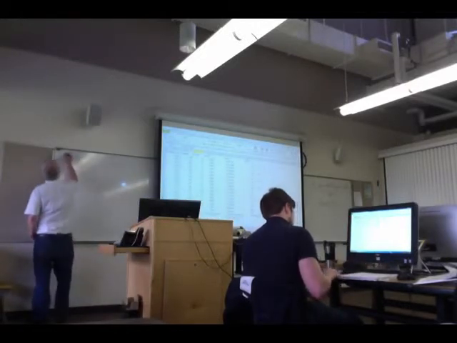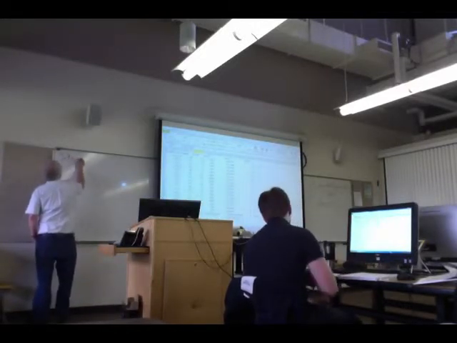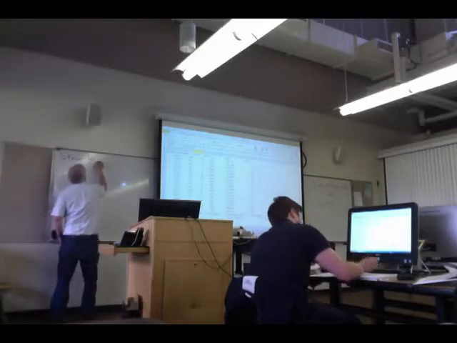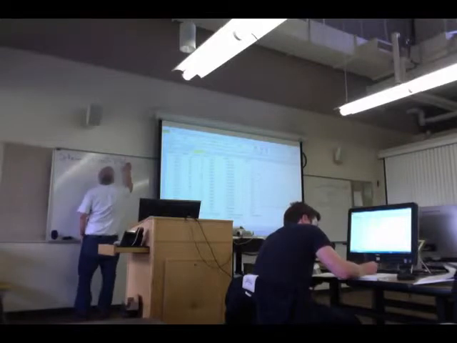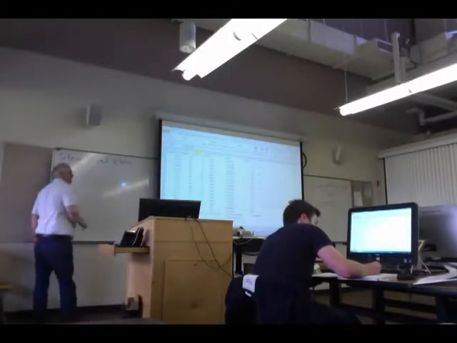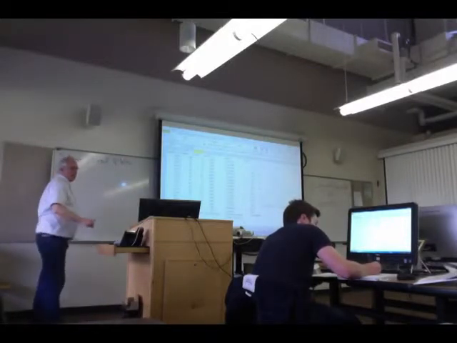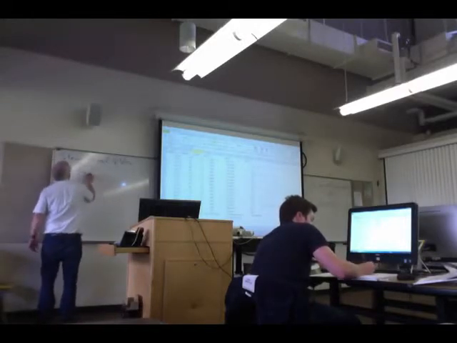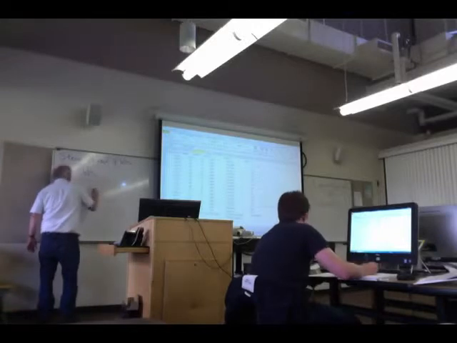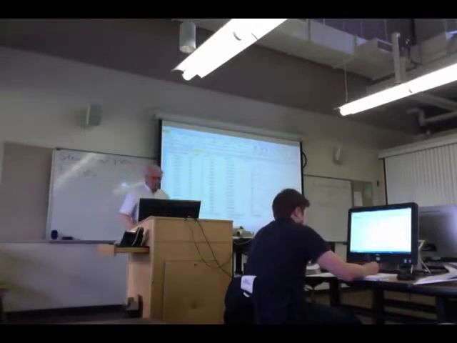So we need to talk about stem and leaf plots. Did I talk about dot plots last time? No. Okay, so we'll put down dot plots. All right, let's take a look at my overheads here.